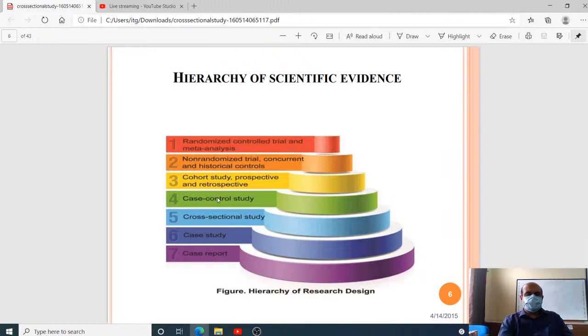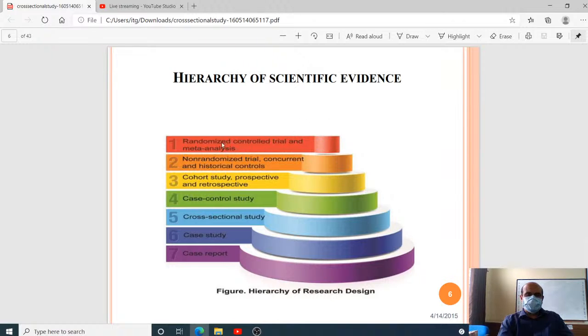And after that, there is further testing of the hypothesis by cross-sectional and observational studies, then case control, then cohort, then non-randomized control trial, and current and historical controls, and then randomized control trial and meta-analysis.